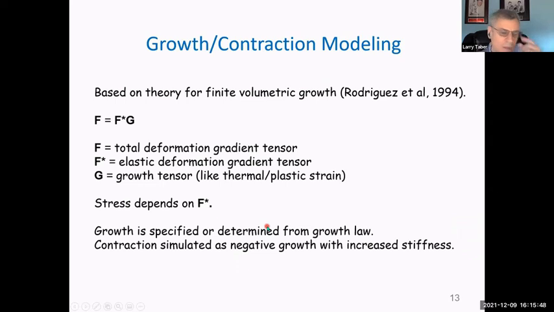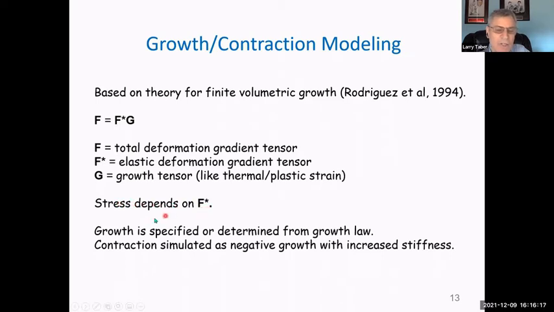Now we simulated growth and contraction using the theory of Rodriguez et al., whereby the total deformation gradient tensor is decomposed into an elastic deformation gradient tensor F star and a growth tensor G. The growth tensor is something like a thermal or a plastic strain. It's analogous to those. But the stress then depends only on the elastic deformation.